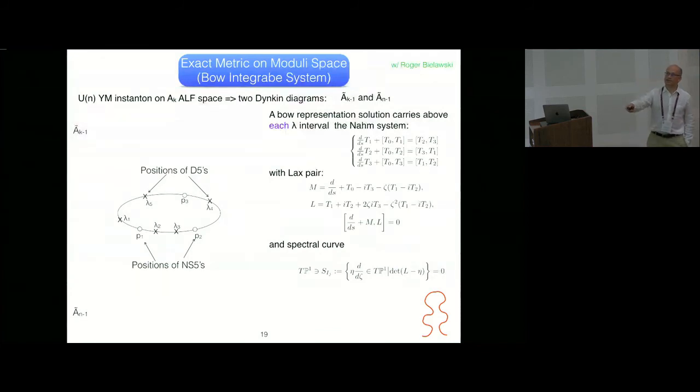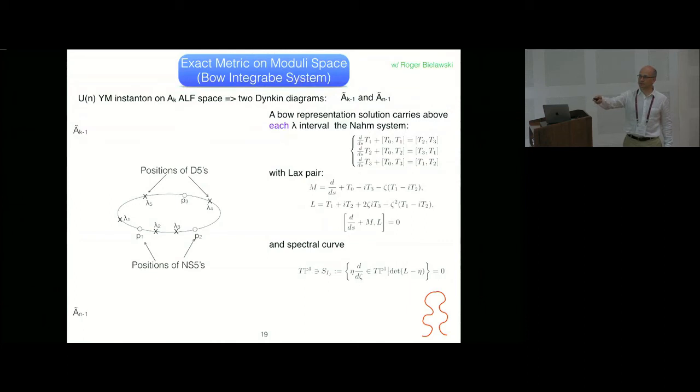In the interior of each interval, and I'll describe this in much more rigor and detail tomorrow, there is a system solving Nahm equations. So in each interval between lambda points, you have T's which satisfy this equation. Now this equation is integrable, as discovered by Nahm, and the Lax pair is given here.